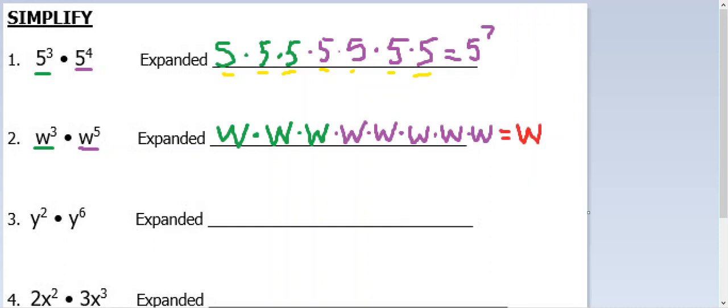And that's going to equal, we spread it out, and we can see now that we have 1, 2, 3, 4, 5, 6, 7, 8 w's. So it'll be w to the 8th power. Pause the video and try number 3 on your own.